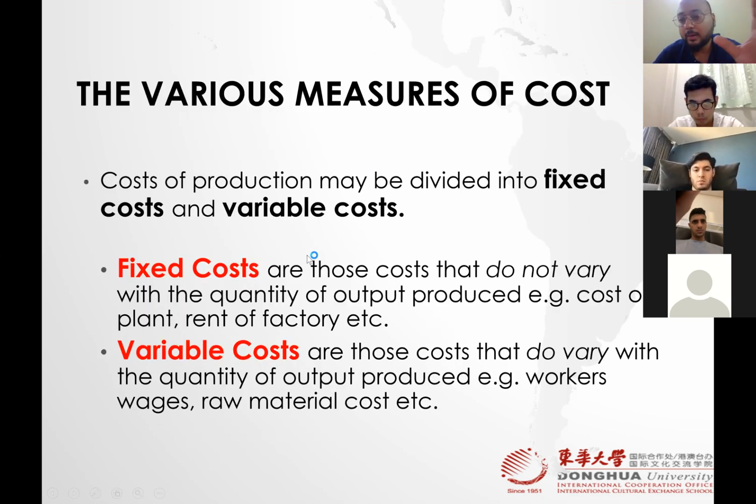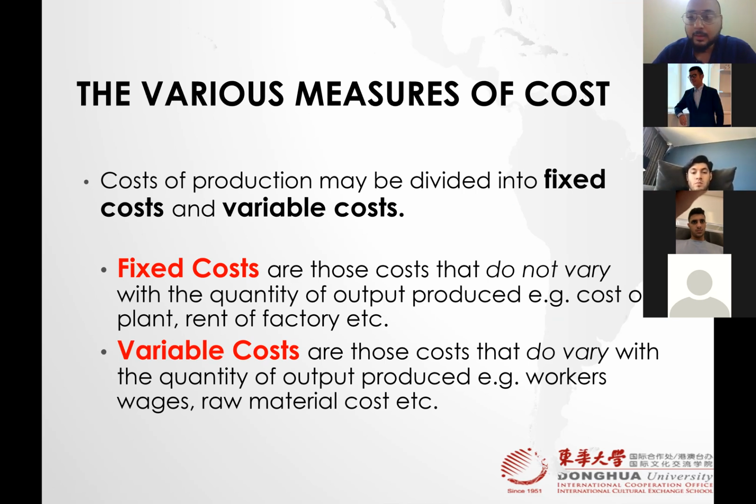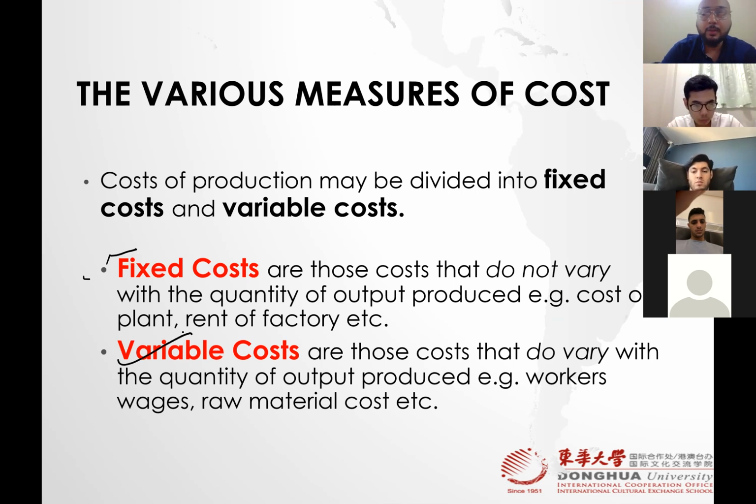So regarding a little bit of recap, revision, and also some new concepts. We talked about the behavior of the cost, in which we talked about there are two behaviors that our total costs behave in two distinct ways. One is fixed cost and one is variable cost.